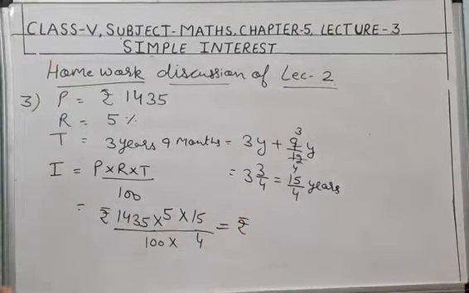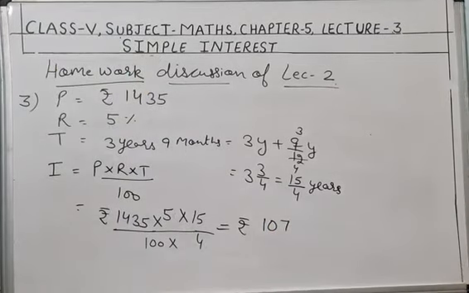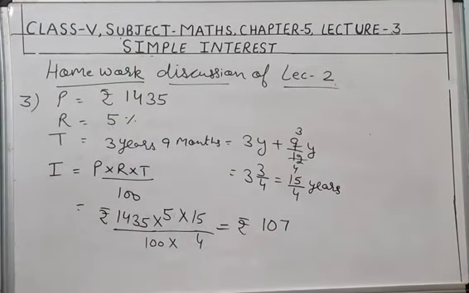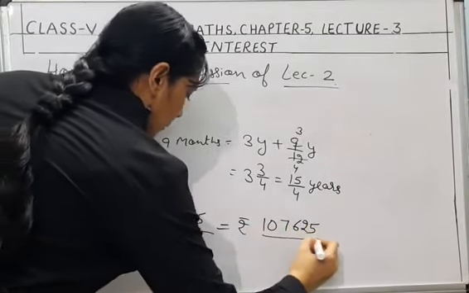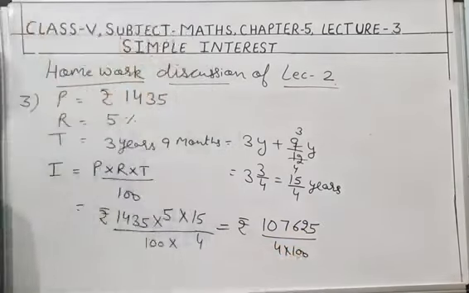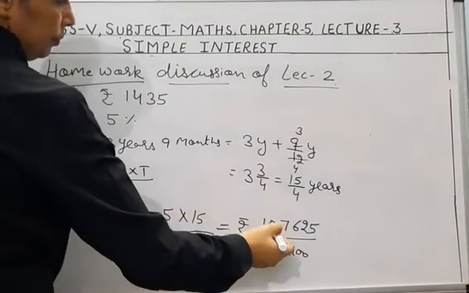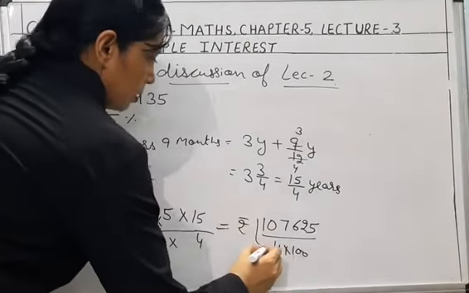After multiplication, you will get 1,07,625 upon 4 into 100. Now divide this 1,07,625 with 4 only. Simple division करिए आप इसके with 4.